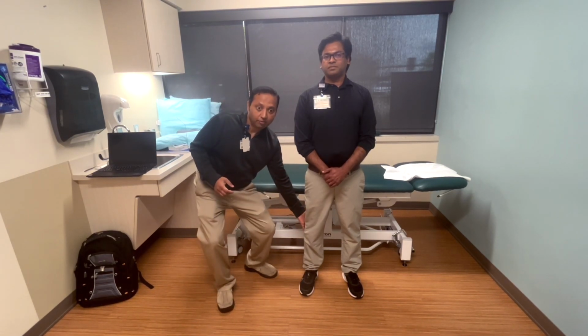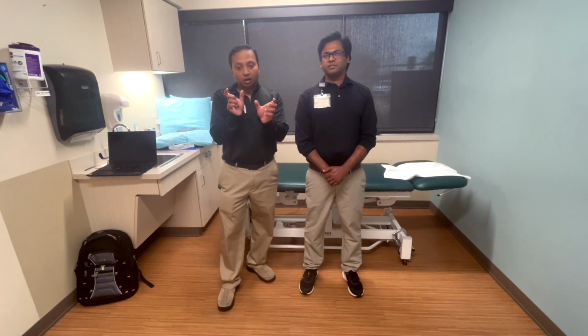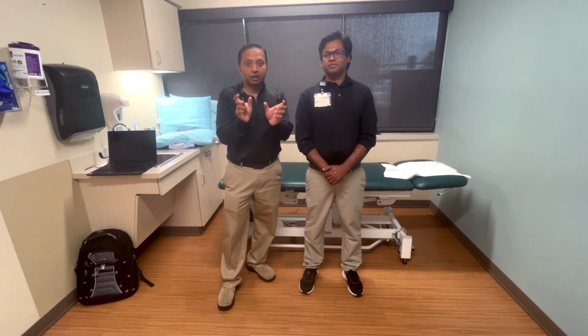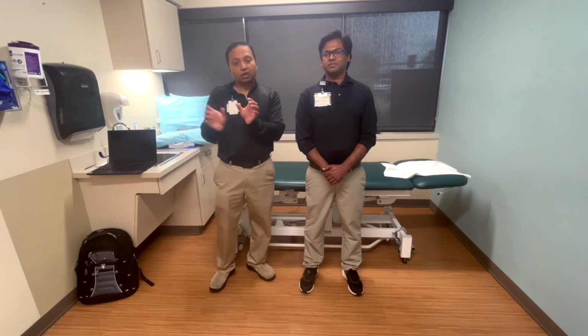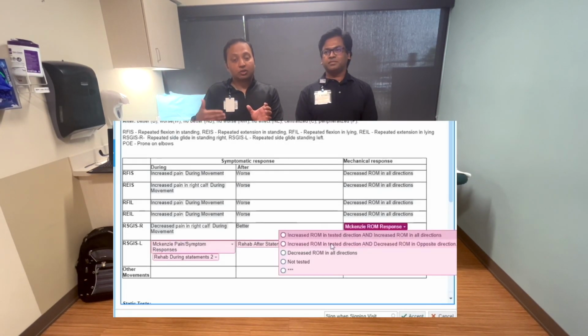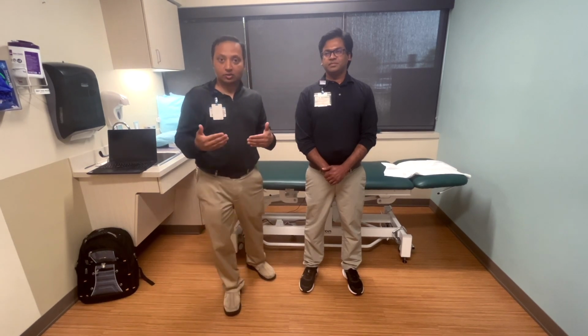Decrease in the calf during the movement, and then better after the movement, because it remained better after we did repeated side glides. Moving on to the mechanical response section, we would say increases range of motion in all directions.